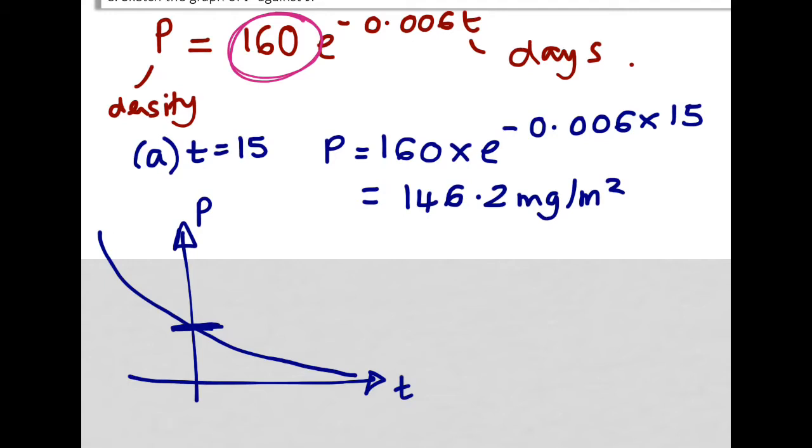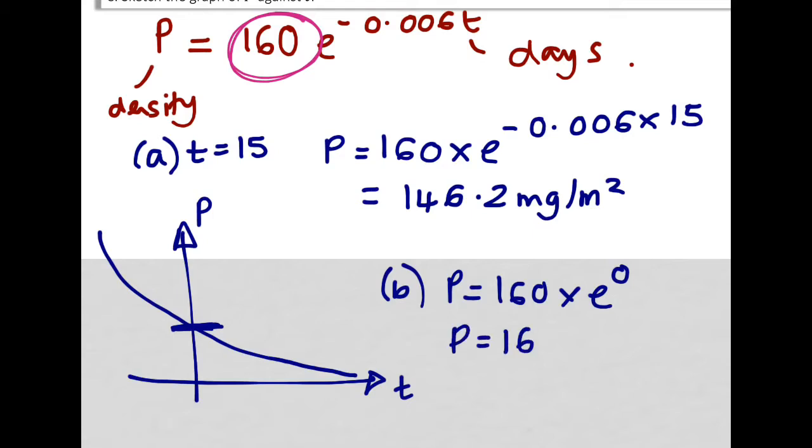So if we look at this for part B, T is going to be 0, so it's 0 lots of that, so it would be e to the power of 0, which anything to the power of 0 is 1, so p equals 160.